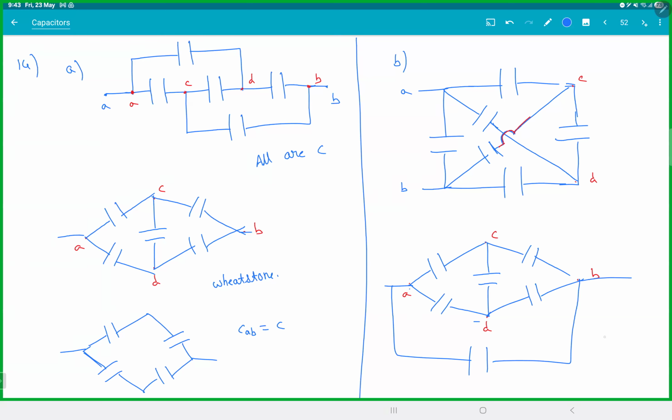So here also CD can be removed. So this will be 2C. So it's a Wheatstone in parallel with one more capacitor. Able to see this? This capacitor AB will be in parallel. That entire thing is a Wheatstone.